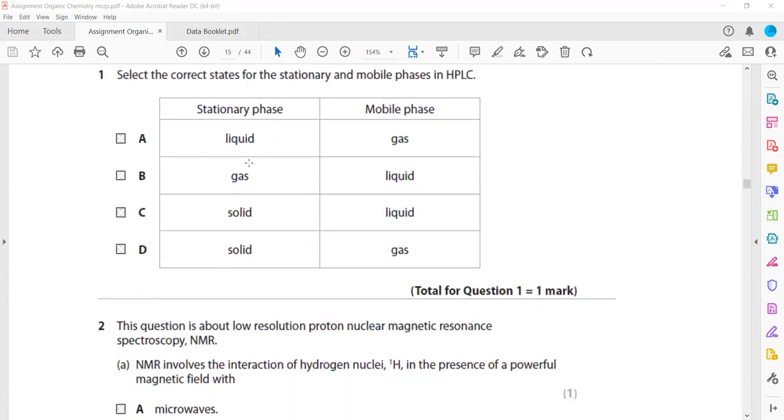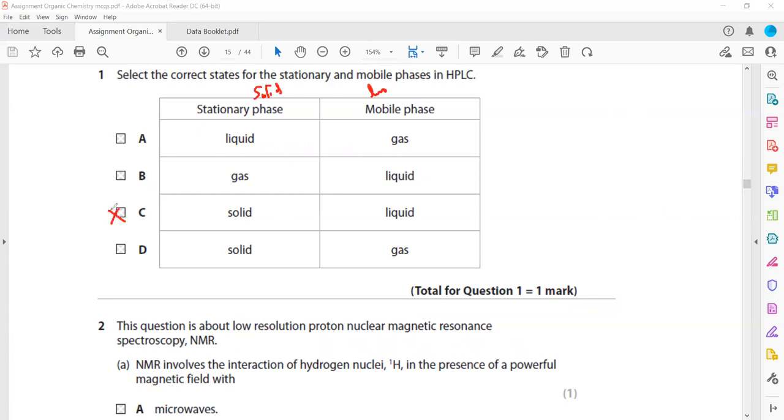Then select the correct state of stationary phase and mobile phase in HPLC, high performance liquid chromatography. So in high performance liquid chromatography, or HPLC, the stationary phase is a fine solid and the mobile phase is a liquid. So that's why C is the right answer.